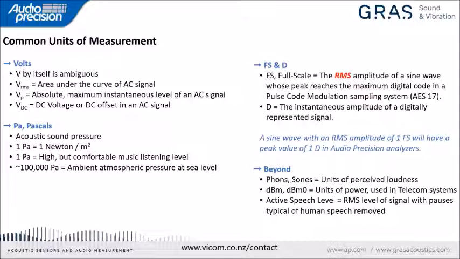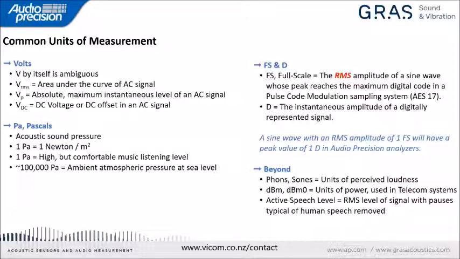The nearest definition is that a 1 FS signal is the RMS amplitude of a sine wave whose peak reaches the maximum digital code in a pulse code modulating sampling system. This is a definition that comes from the Audio Engineering Society, Standard 17.